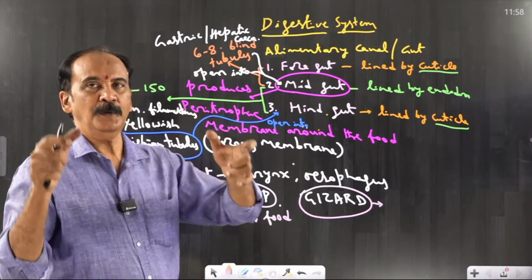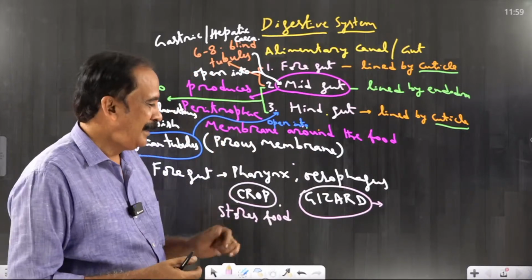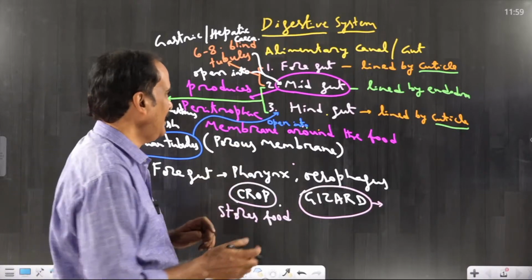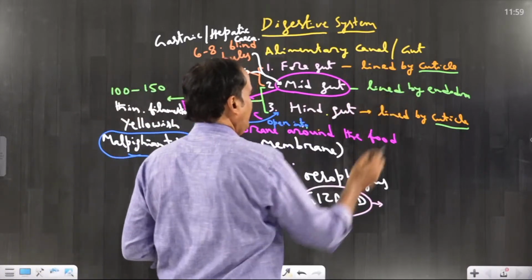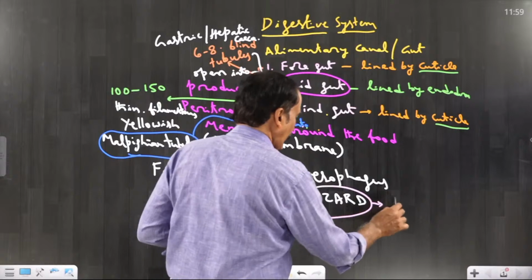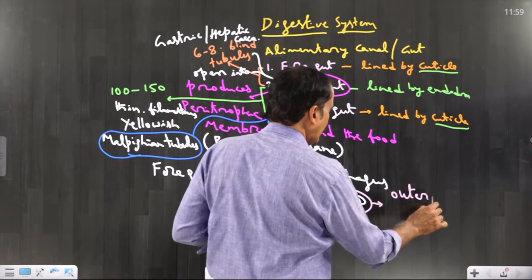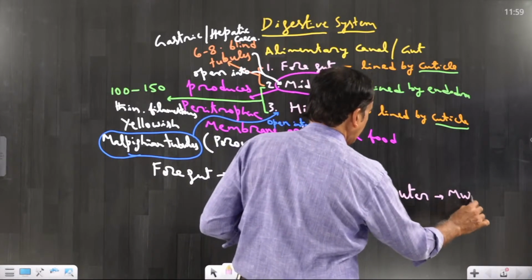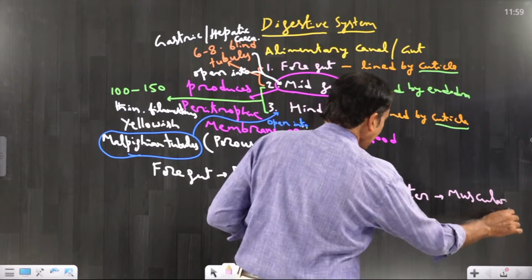The outer layer is provided with strong muscles, the inner layer has cuticle. As I said, foregut is having a lining of cuticle, right? That cuticle is provided with teeth like structures.